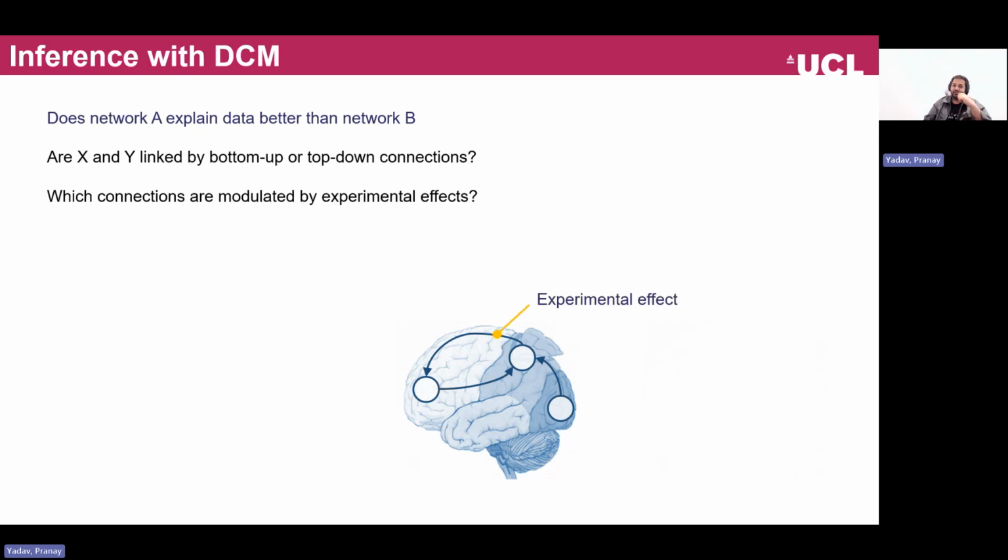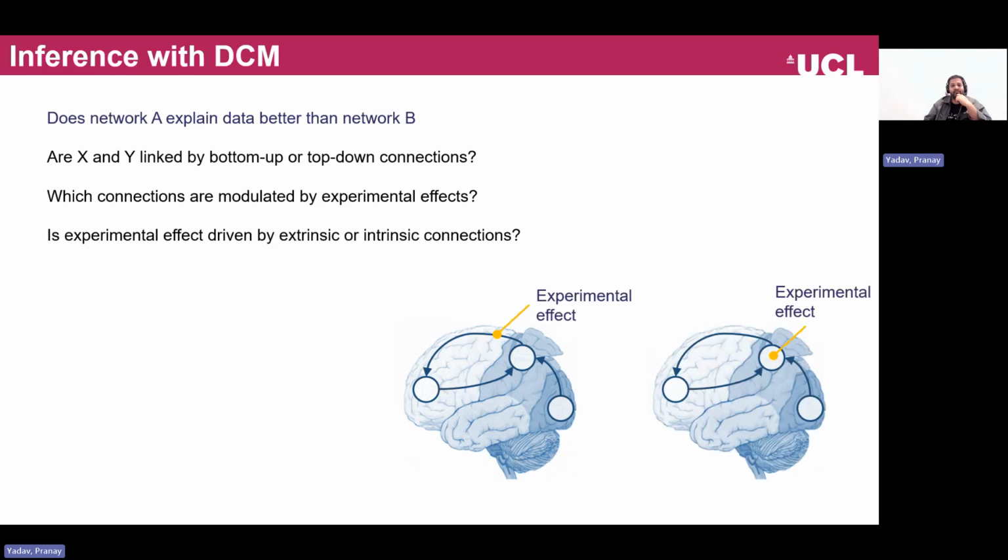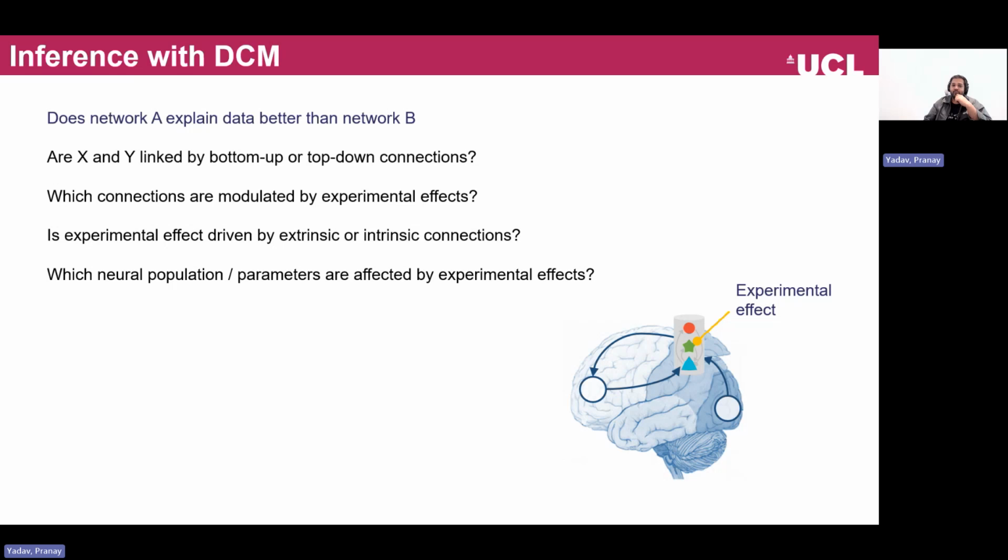We can ask which connections are modulated by experimental effects. We can ask whether an experimental effect is driven by extrinsic, that is between region, or intrinsic within region connections. We can also ask which neural population or which parameters within a neural population are affected by certain experimental effects.